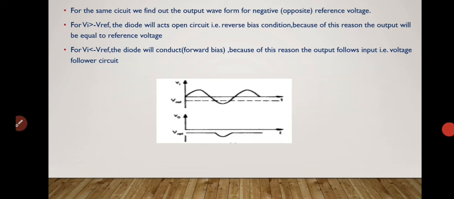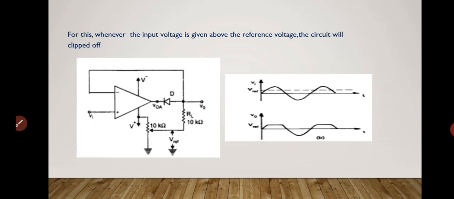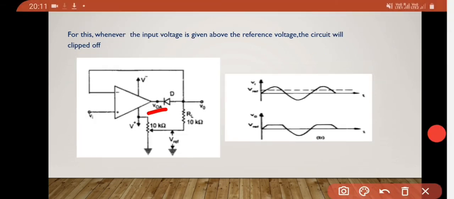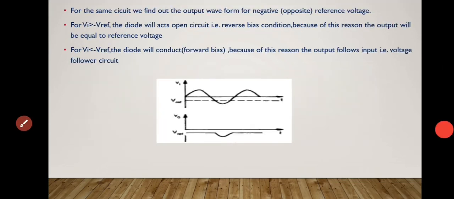For Vi less than minus Vref, the diode will conduct because of the negative saturation. Whenever the negative saturation is connected to the cathode, the diode will conduct, and it acts as a voltage follower, and the output will be equal to the input.